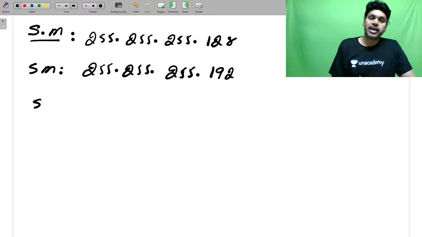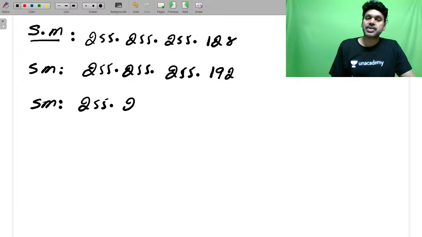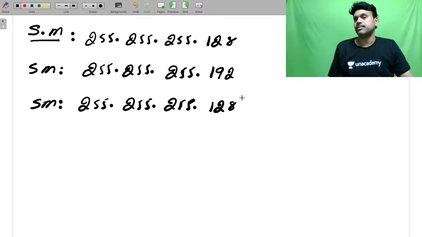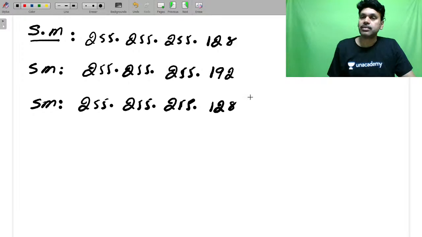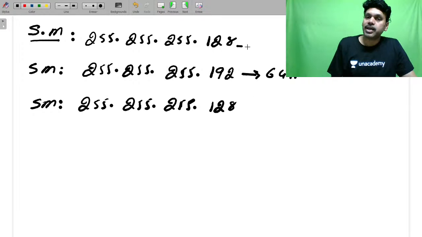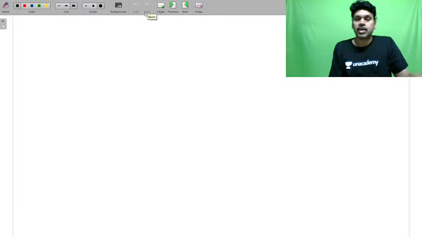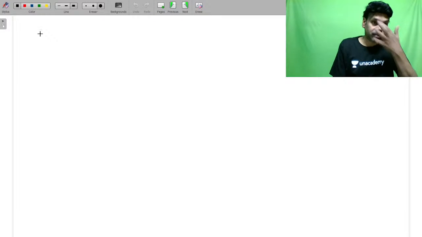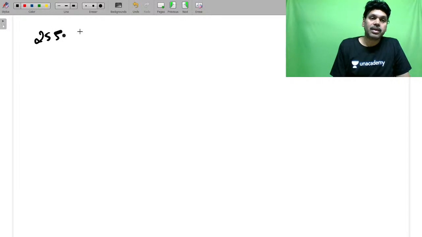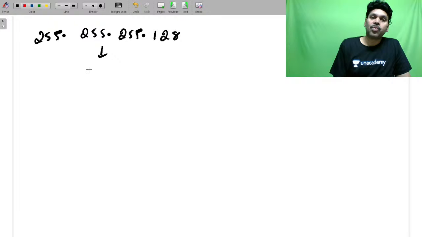Your third subnet mask is the same as your first subnet mask only, 255.255.255.128. Okay. This will give you 128 HIDs. So what is your left hand side? Your mask is 255.255.255.128. One bit outermost is subnetted.